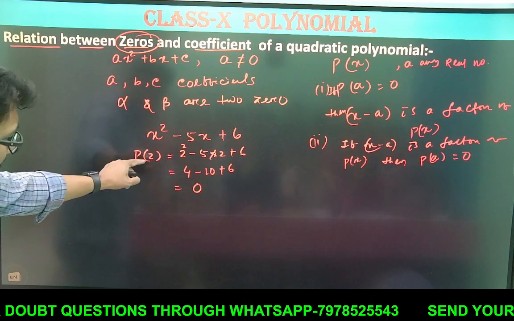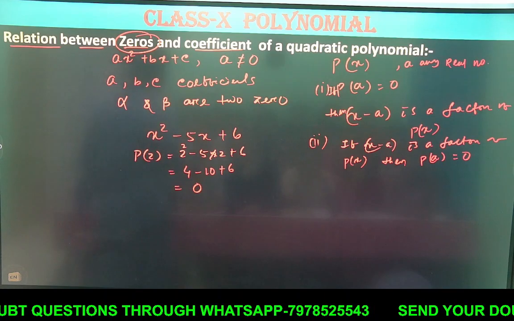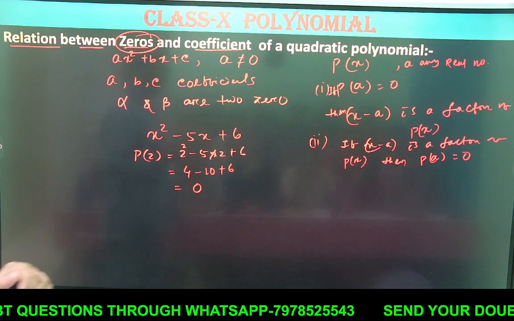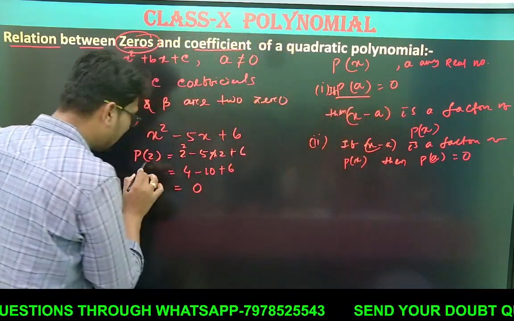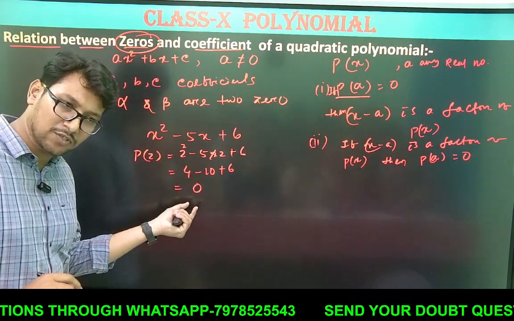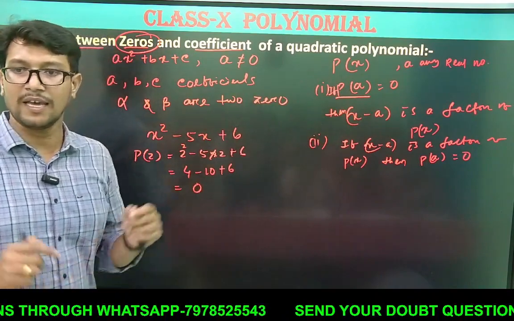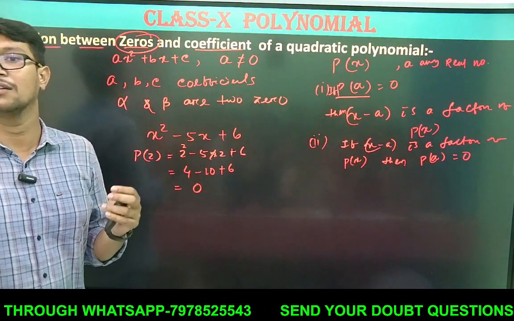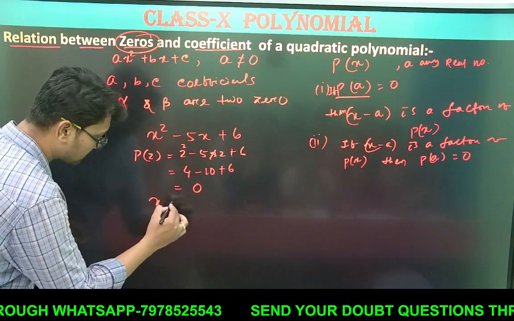So at 2 the polynomial value is 0, so 2 is a zero of the polynomial. According to this theorem, if p of a is 0, then x minus a is a factor. Here a is 2, so which one is a factor?